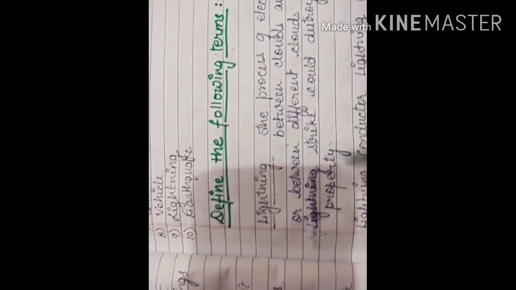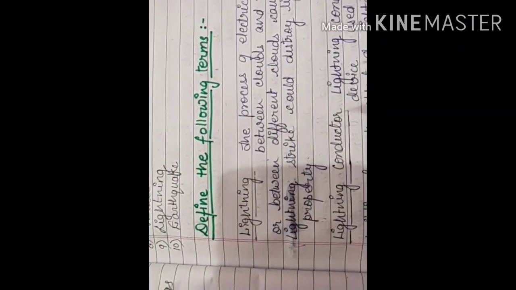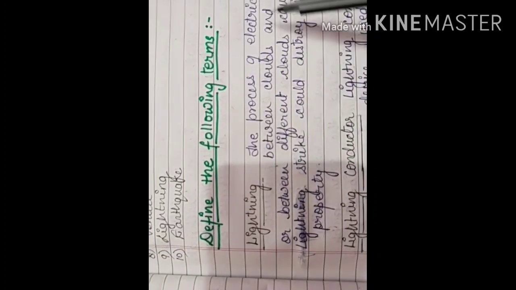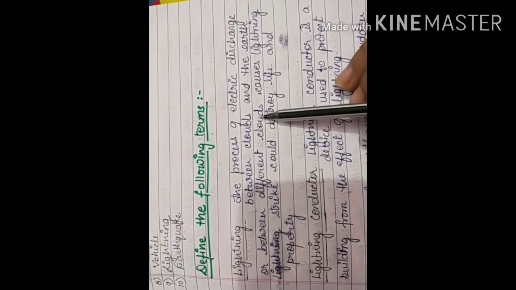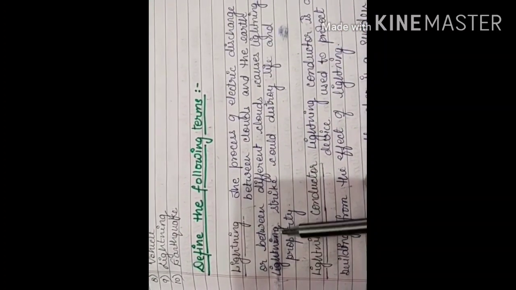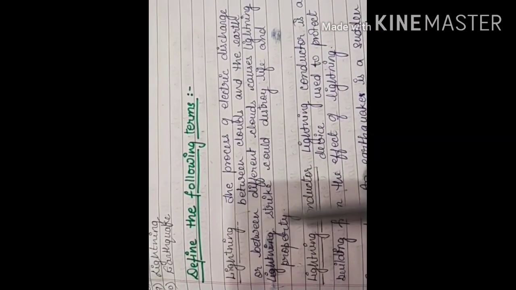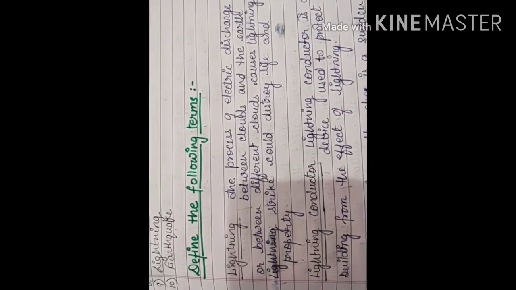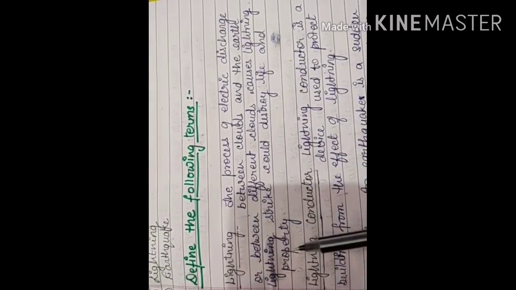The first word is lightning. Lightning: the process of electric discharge between clouds and the earth or between different clouds causes lightning. Lightning strike could destroy life and property.